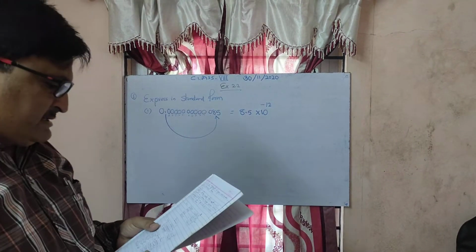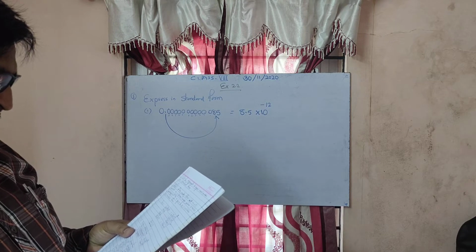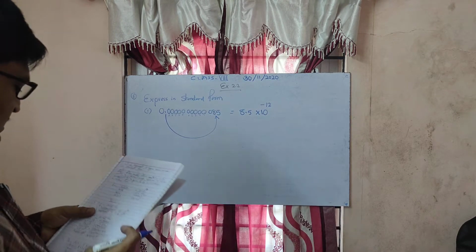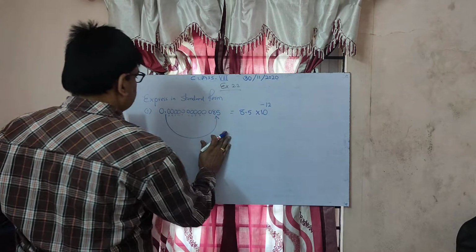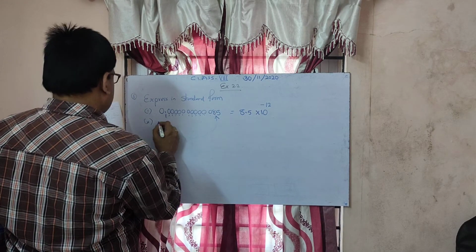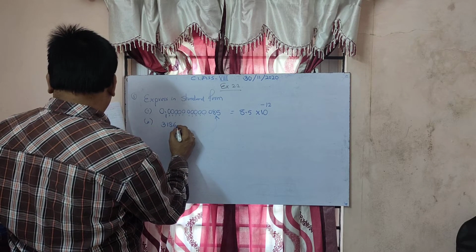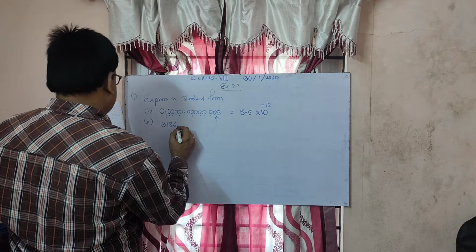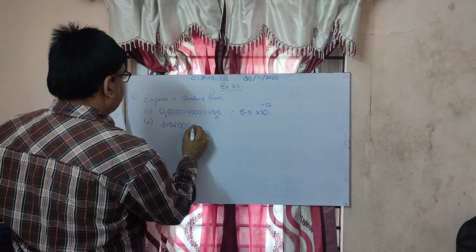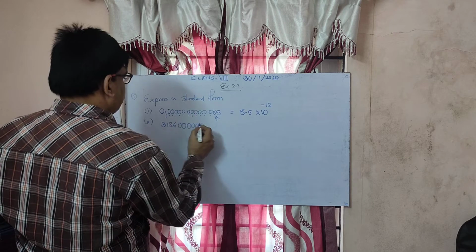Okay, now the next one. 3, 1, 8, 6, 3, 6, 7, 1, 2, 3, 4, 5, 6, 7. 7 zeros are there.